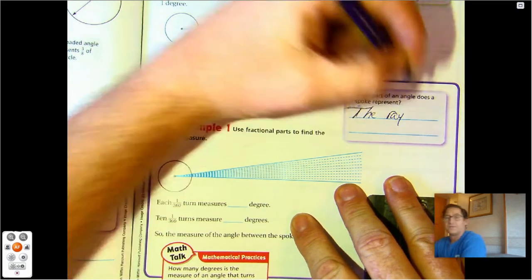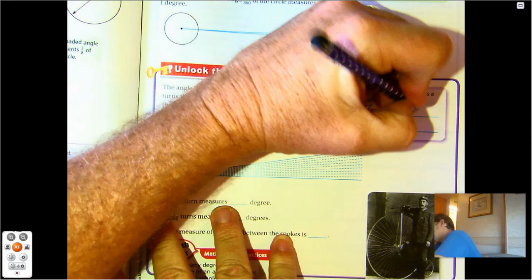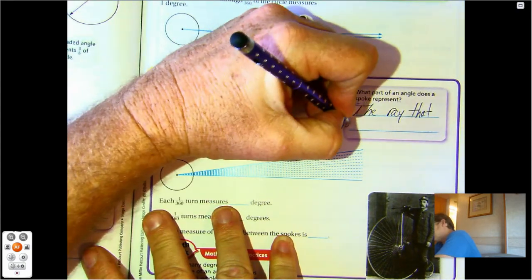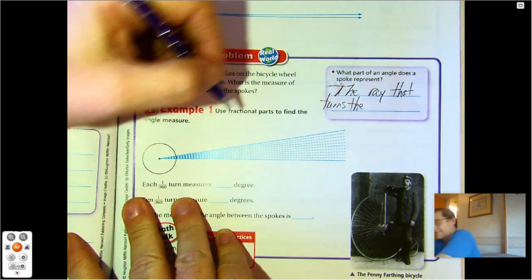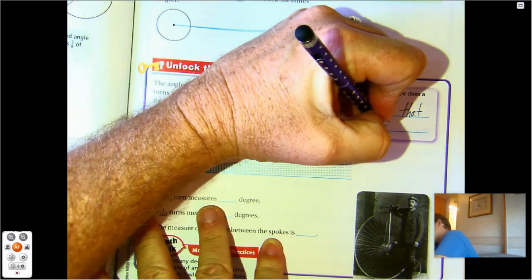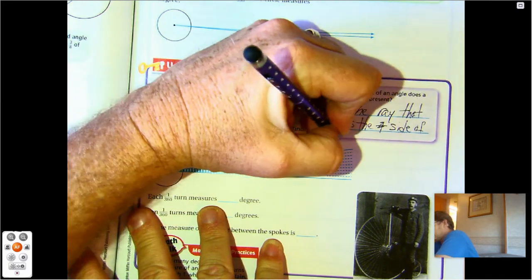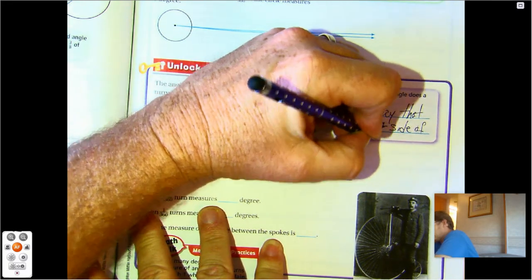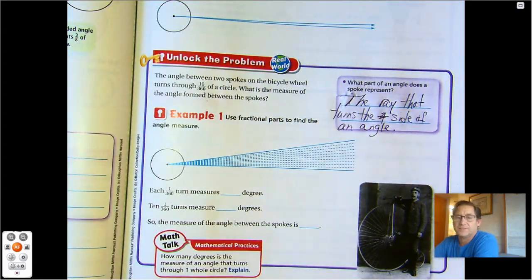So the ray that turns the side of an angle. What part of an angle does the spoke represent?